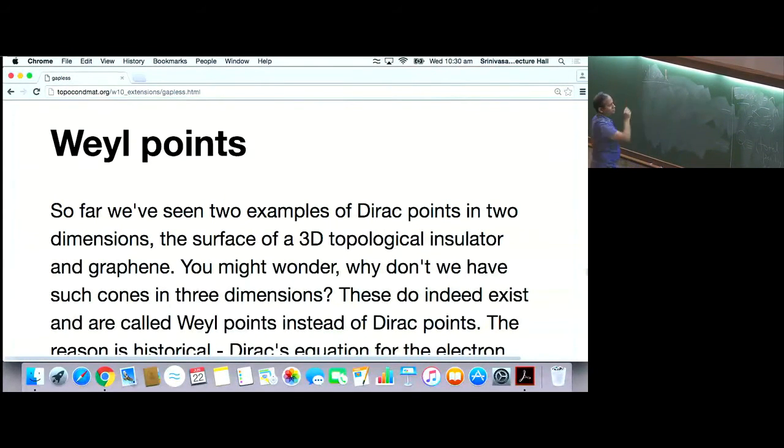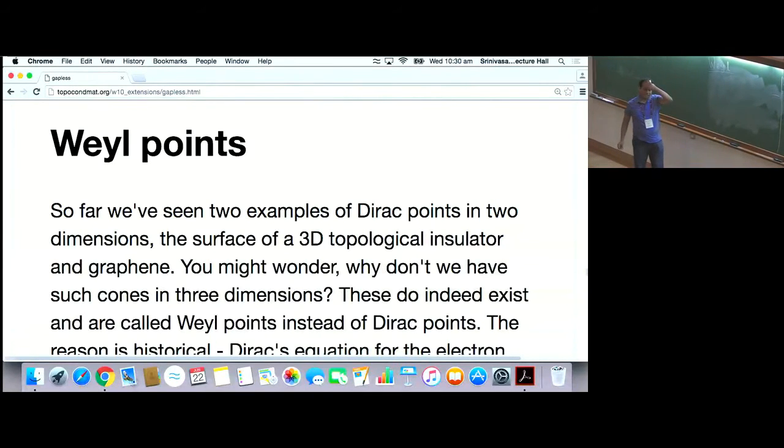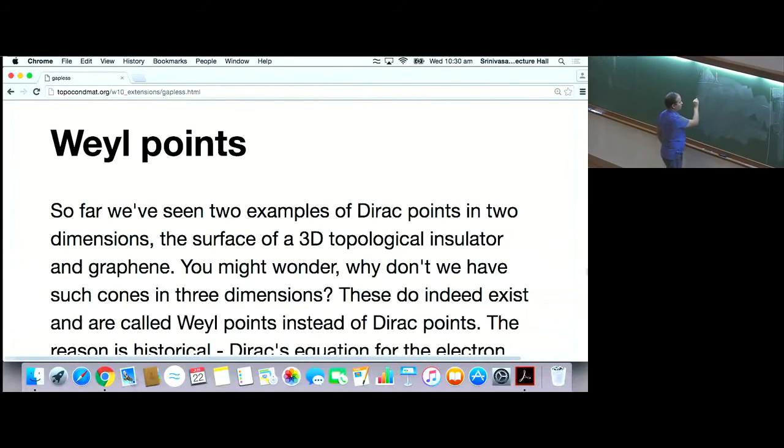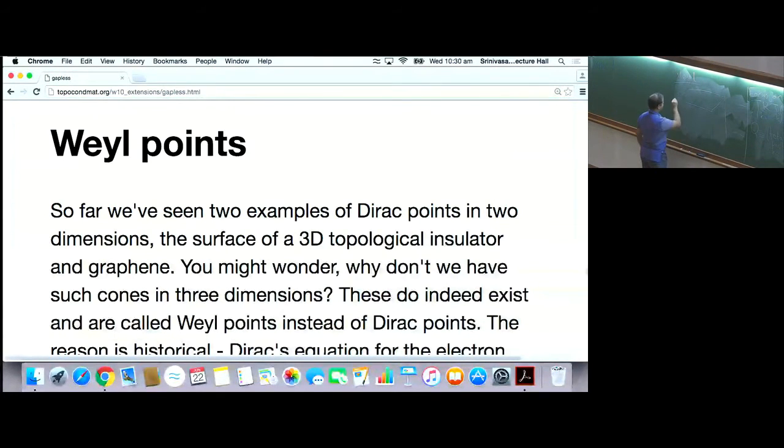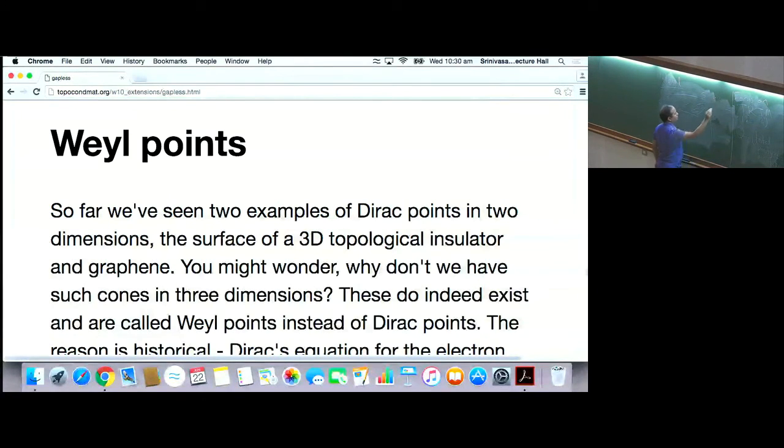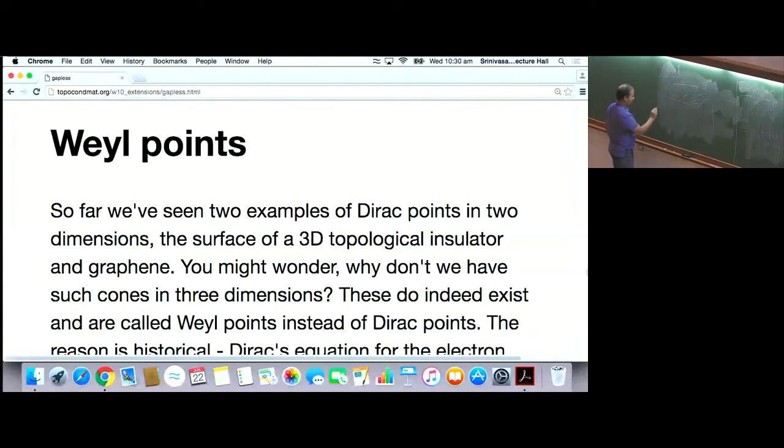So again, I have some three-dimensional system, and let's say this is some physical surface. This is Z, but X and Y are still good quantum numbers.